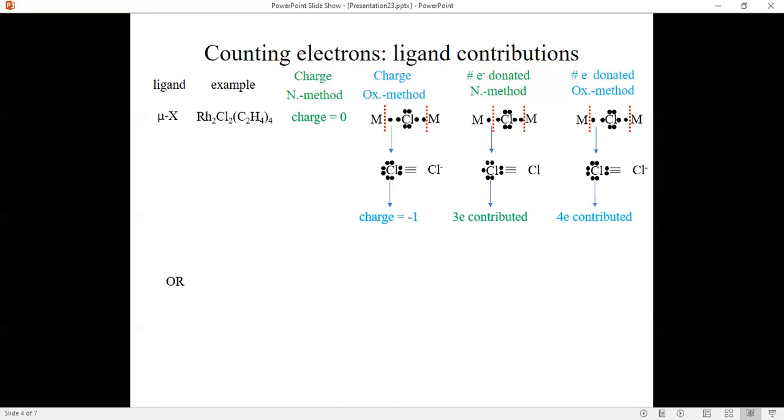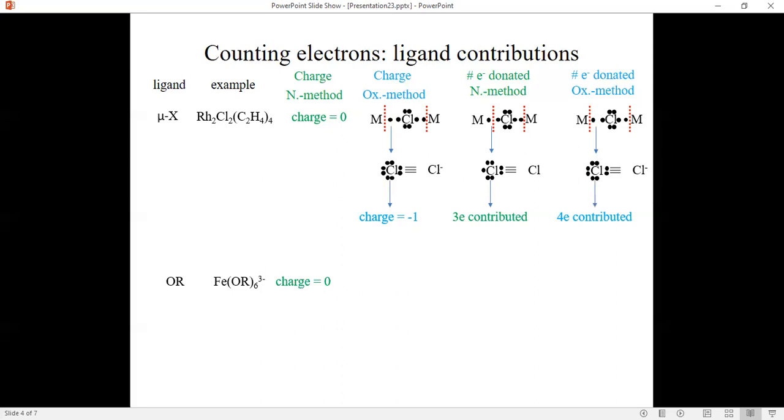Another example, an alkoxide ligand. An example for that would be, for instance, the iron tetraoxide 3-. So what is the charge in the neutral atom method? Well, it's always 0.